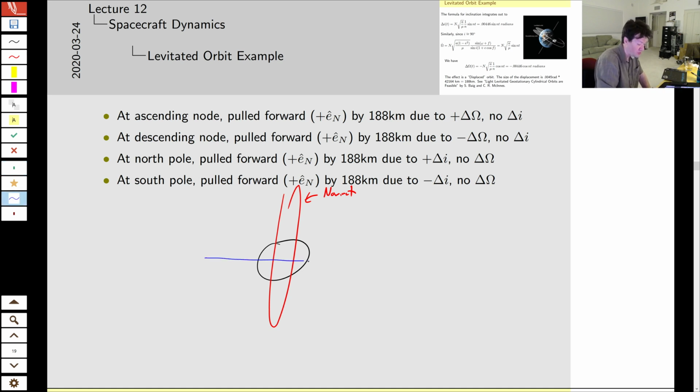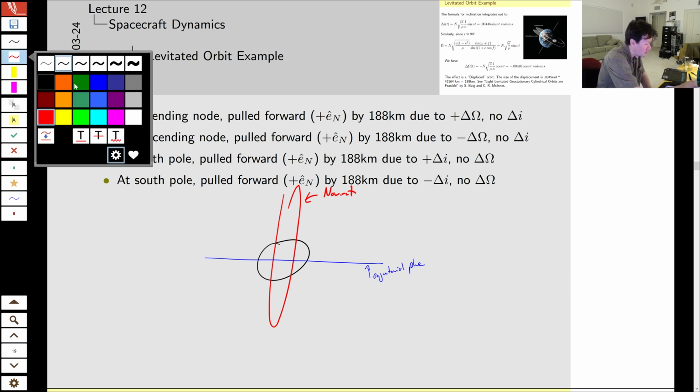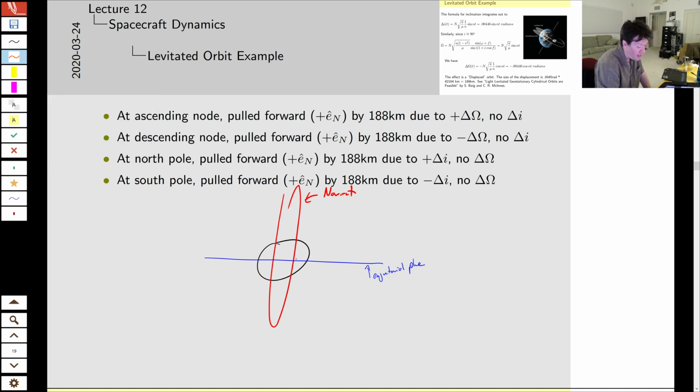So here's the equatorial plane. If we look at the displacements from a nominal orbit, there are 4 points that we can look at. Let's make some colors. I'm going to do that one in orange. So at the ascending node, this is the ascending node.